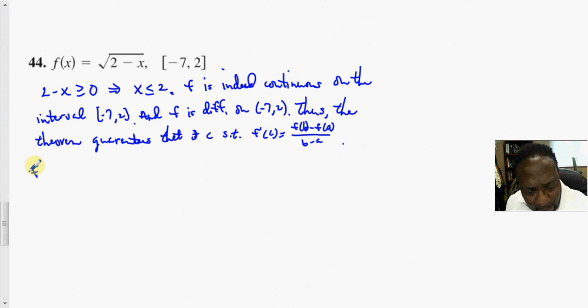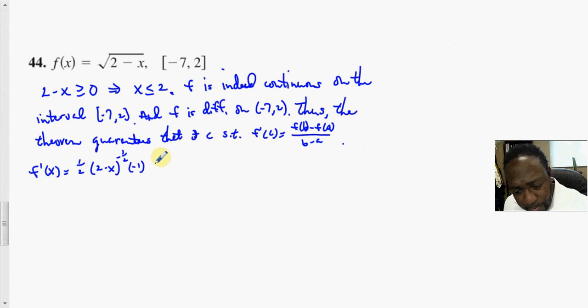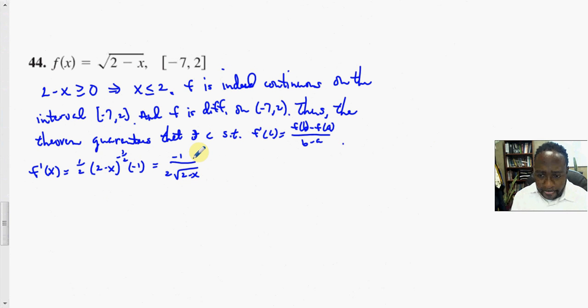So here we find f prime of x. We get 1/2 times 2 minus x to the -1/2 times the derivative of the inside, which is -1. So this gives us -1 all over 2 times the square root of 2 minus x.